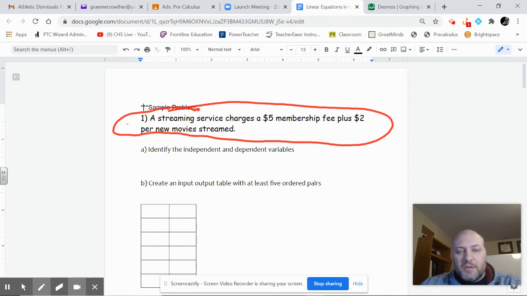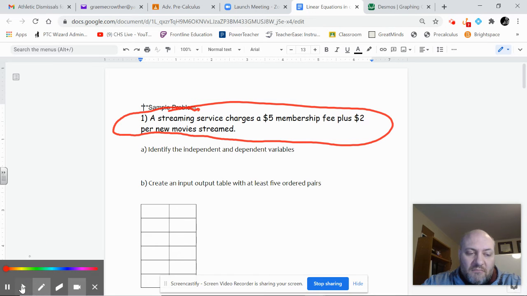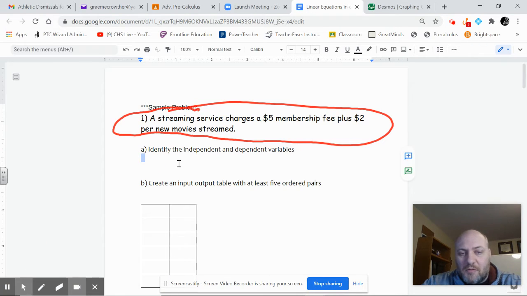So the first thing we want to do is identify our independent and dependent variables. This is just another way of saying what does X represent and what does Y represent. We can type right into the doc. We can do X, and that is always our independent variable.